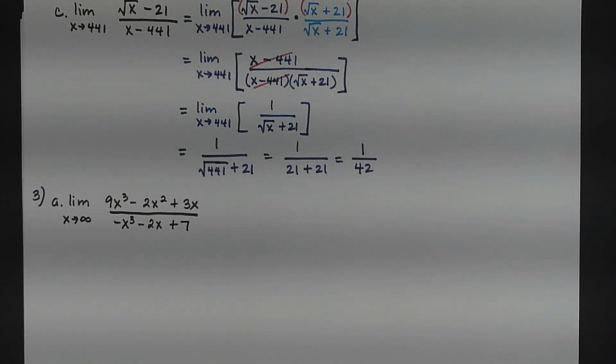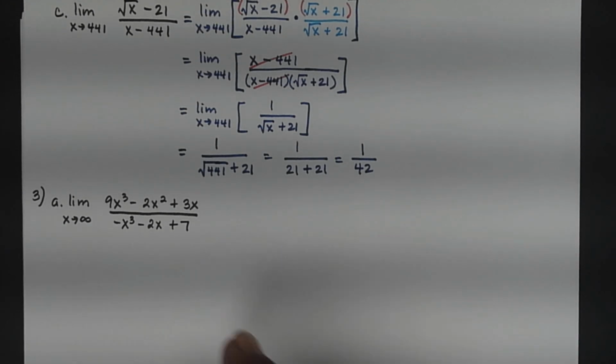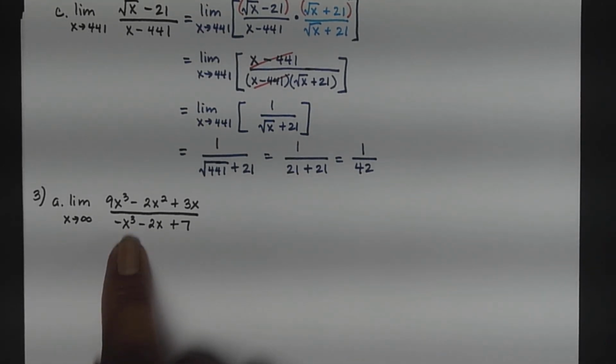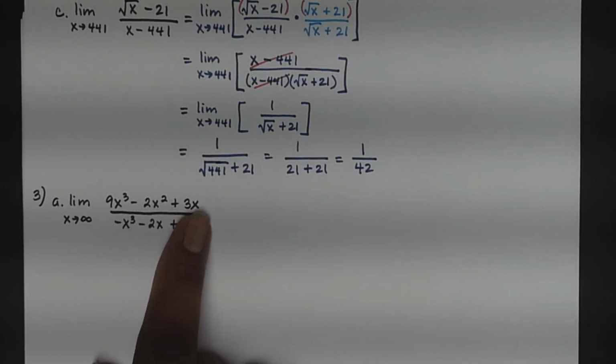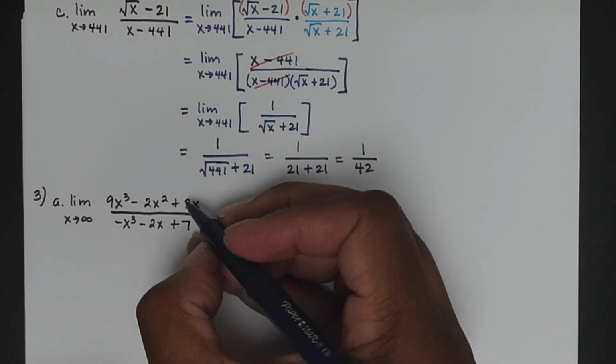So in this case here, what I would do is divide each term in the numerator and the denominator by the variable with the highest exponent. And in this case, my highest exponent is 3, so I'll divide every single term by x cubed. So here's what I have.